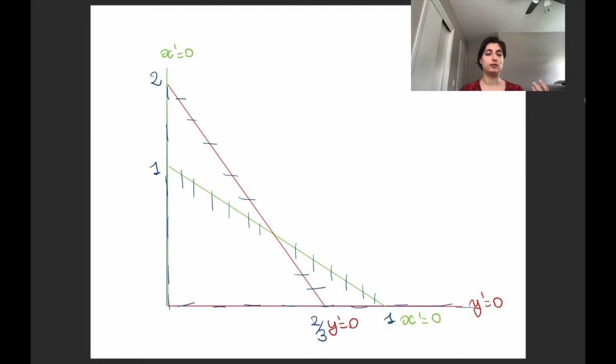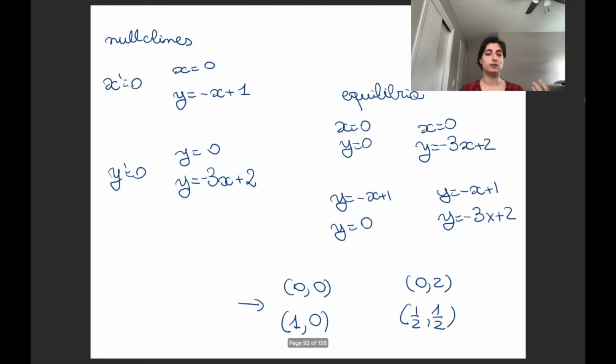And again, as before, the green lines, you move through them only in the vertical direction, and the red lines, you move through them only in the horizontal direction. Because we have the null lines that we have computed before, we can match the equilibria by picking one of each null lines.